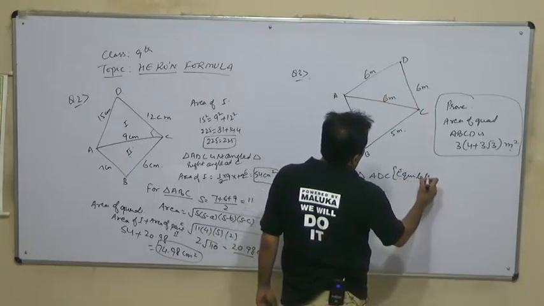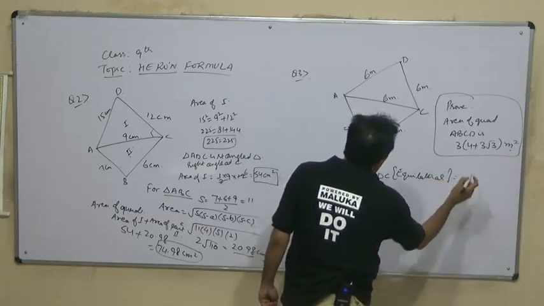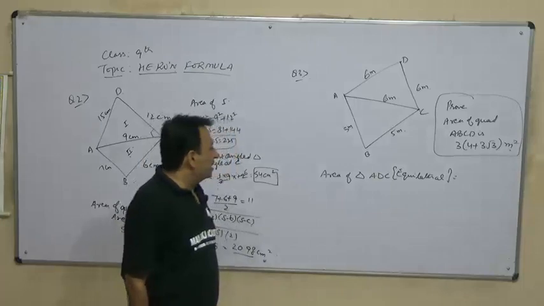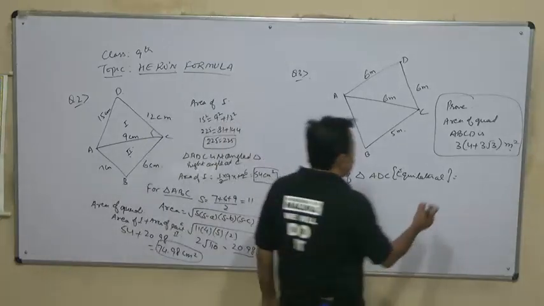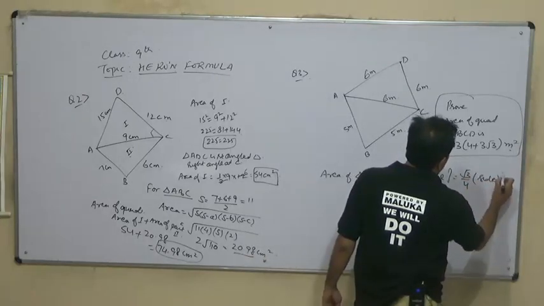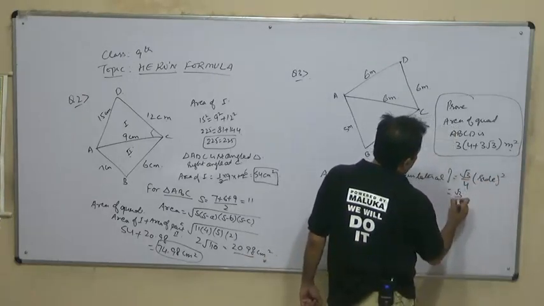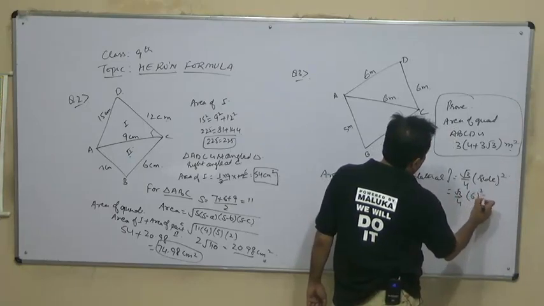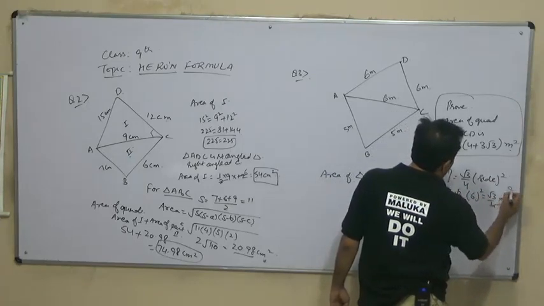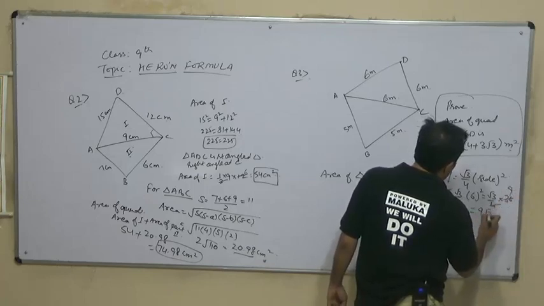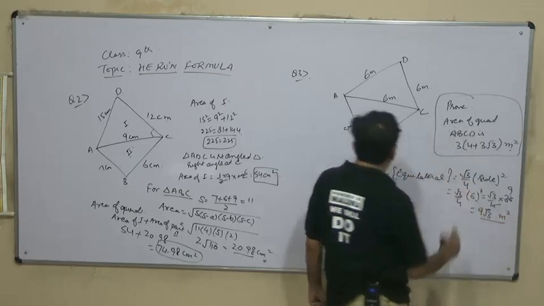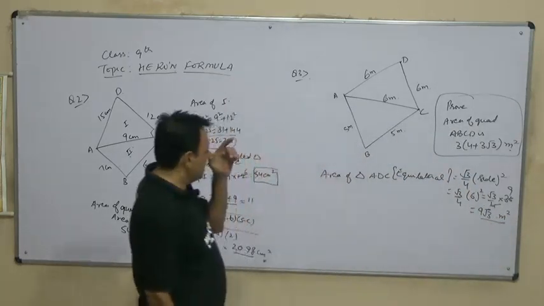Because all the sides are equal to 6 meter, and we know that the area of the triangle ADC will be equal to root 3 by 4 into side square. So this is root 3 by 4 into 6 square, which is root 3 by 4 into 36, that is 9. So this will be 9 root 3 meter square. This will be the area for ADC.